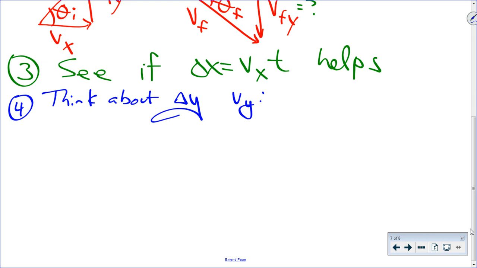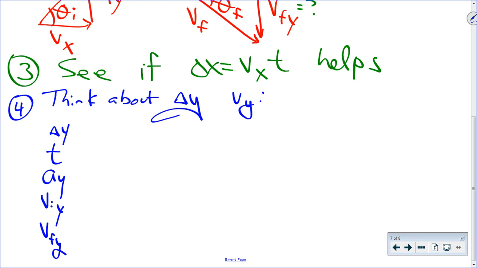So choose a time interval and think about delta y, the time elapsed, vertical acceleration, your initial vertical velocity, and your final vertical velocity. And then pick from one of those vertical equations and see if you can find something.